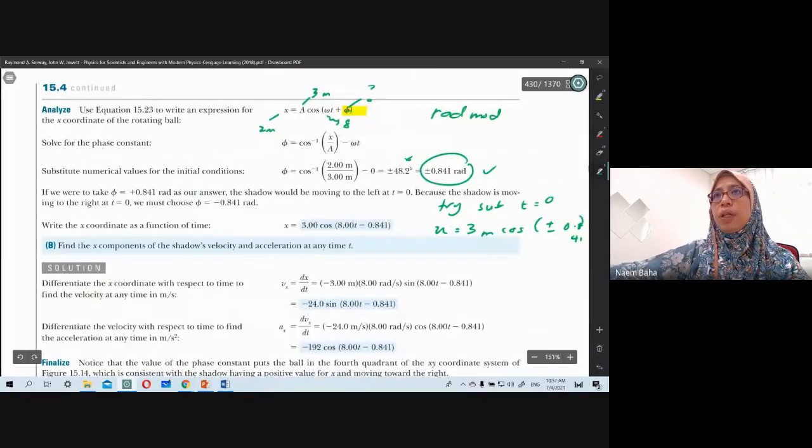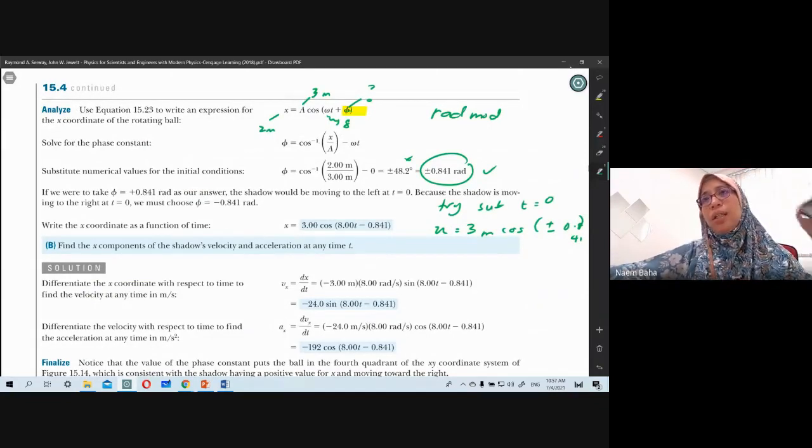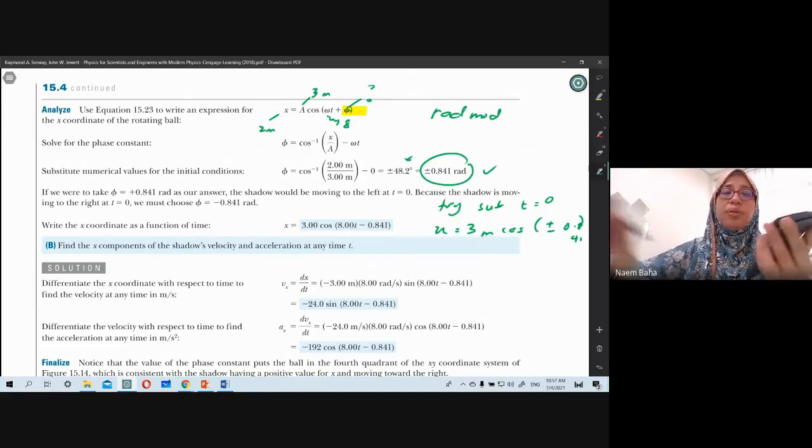Your task is, by using your calculator, if it's cos positive 0.841, what will be the answer? If it's cos negative 0.841, what will be the answer?